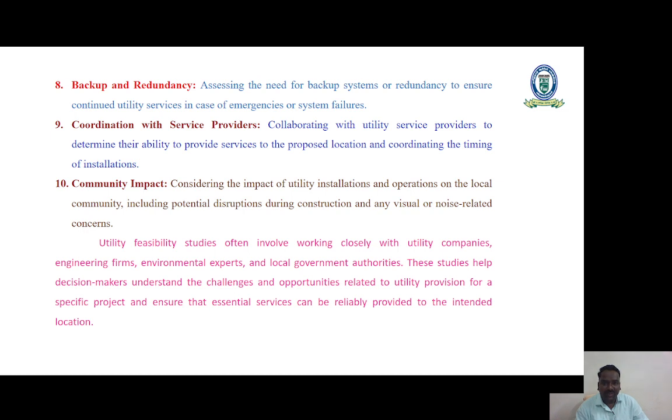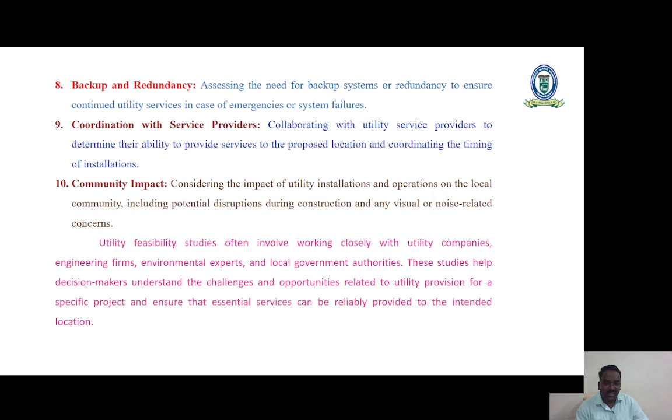Coordination with service providers. Collaborating with utility service providers to determine their ability to provide services to the proposed location and coordinating the timing of installations. Tenth, community impact. Considering the impact of utility installations and operations on the local community, including the potential disruption during the construction and any visual or noise related concerns.